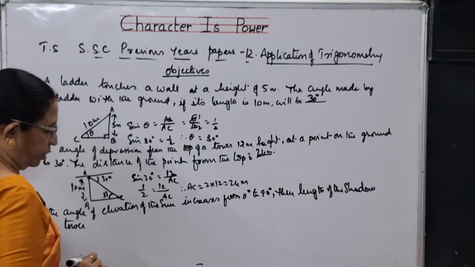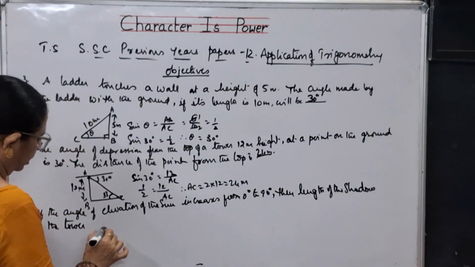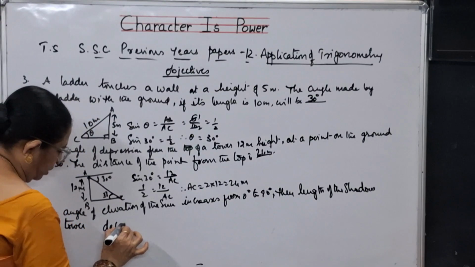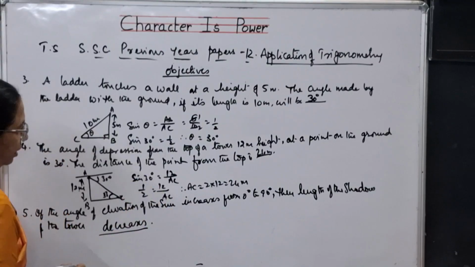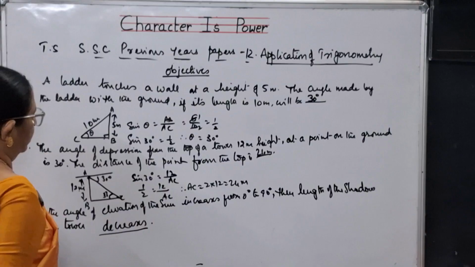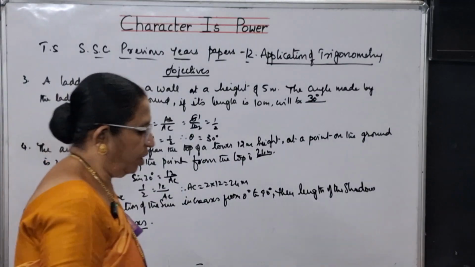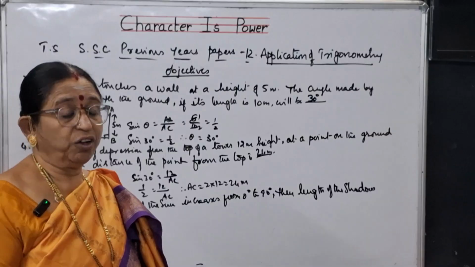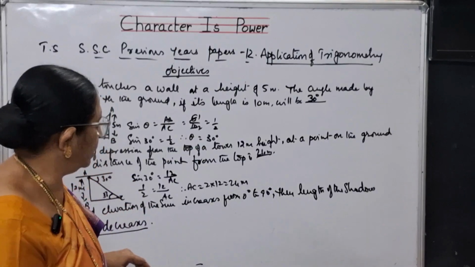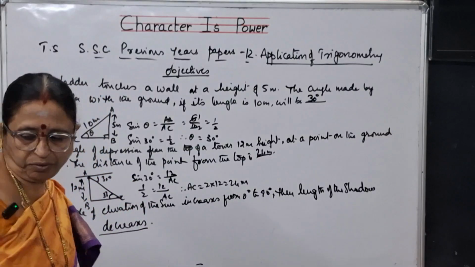This kind of problem we have done, children. The length of the shadow of the tower decreases. I have explained on that day when I did it by making different angles. Always when the sun rays angle increases, the length of the shadow will be decreasing. So write down this, children.